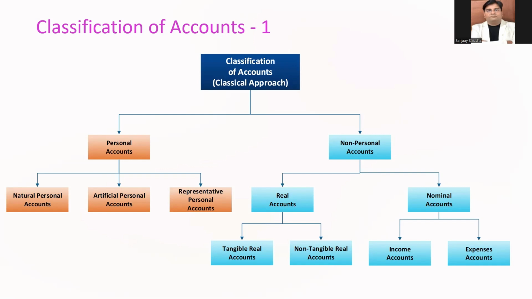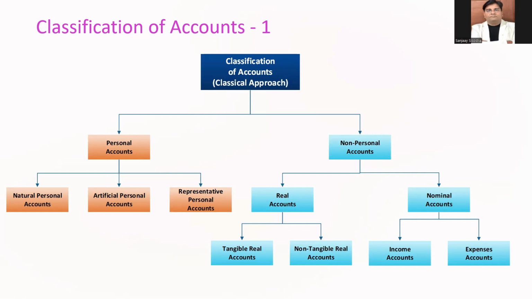The second category under personal accounts is artificial personal accounts. Artificial personal accounts basically represent those accounts which are tracking the transactions for an artificial person or a person created by law.